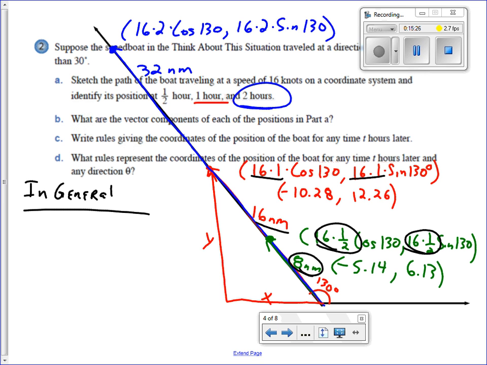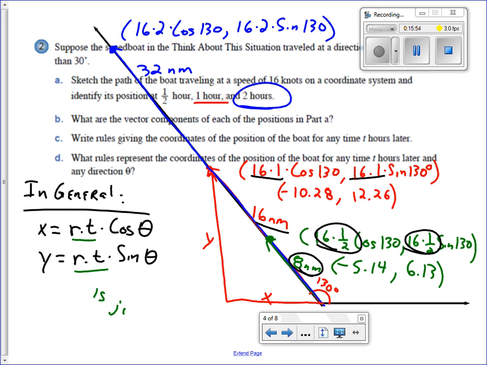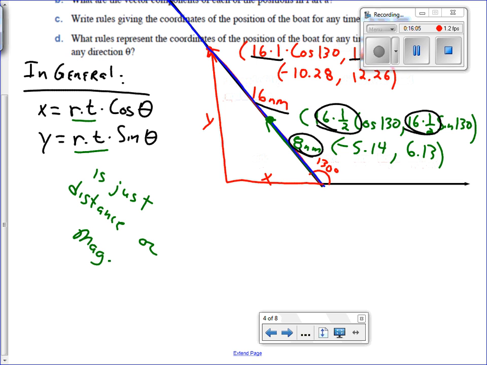So our equations for x and y: x is rate times time times the cosine of our direction, and y is rate times time times the sine of our direction or angle. Where rate times time is just distance, or what we've also called magnitude.